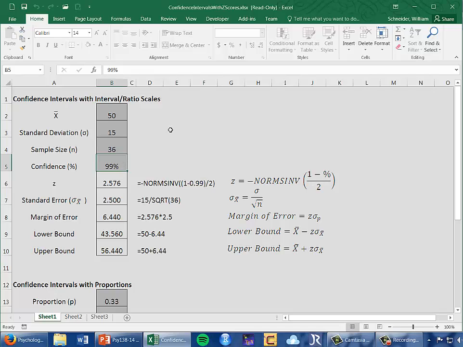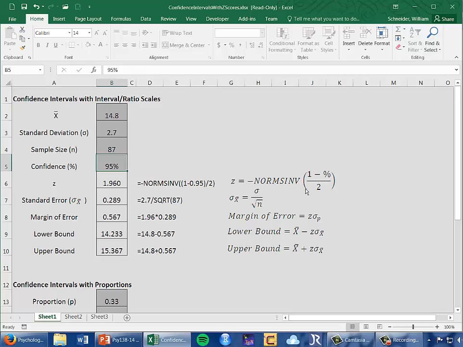So let's say that we wanted to calculate the 95% confidence interval, so I just put in 95 there, and I've got a sample mean of 14.8 and a standard deviation of 2.7 and a sample size of, let's say, 87.